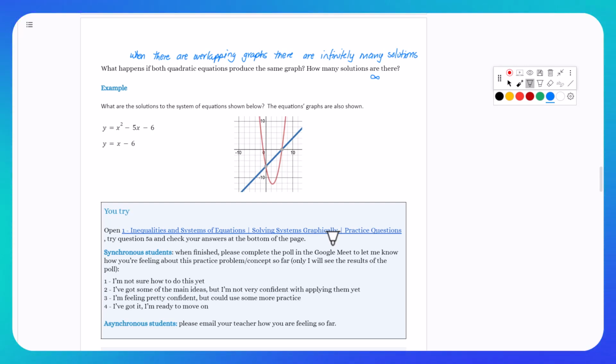Let's look at the example. What are the solutions of the system of equations shown below? The equations' graphs are also shown. You may notice that these two equations have two intersection points, here and here.